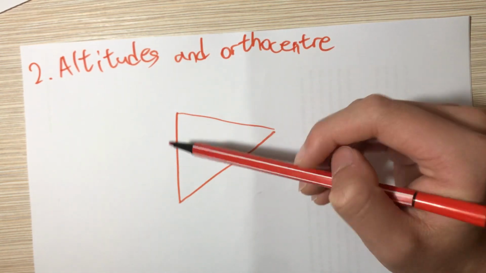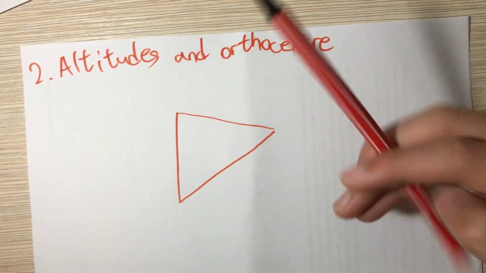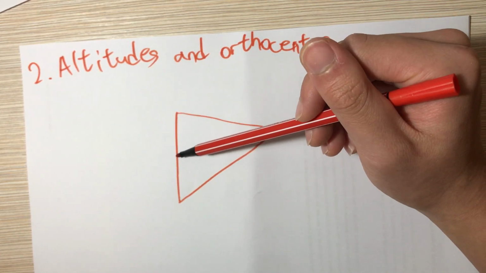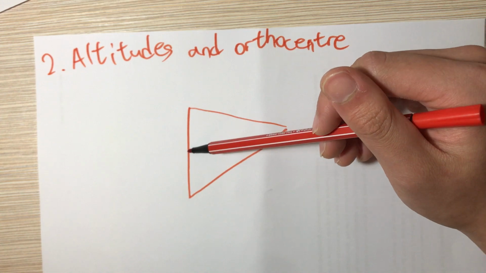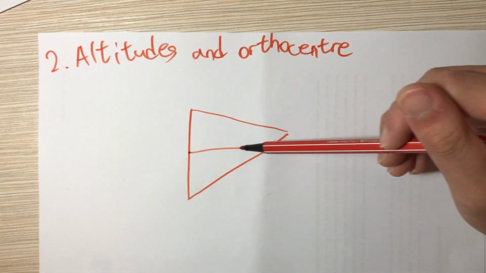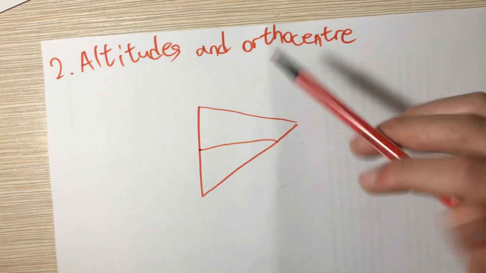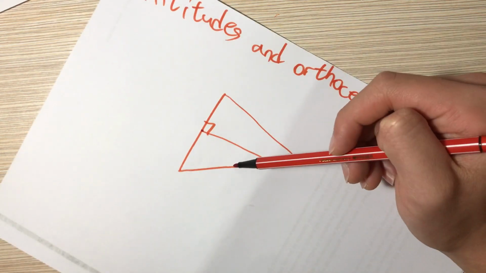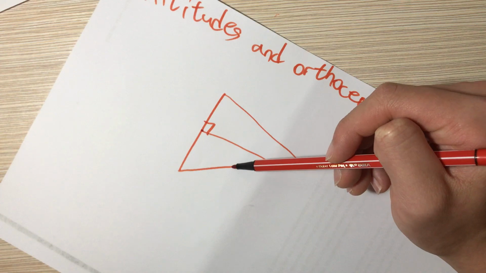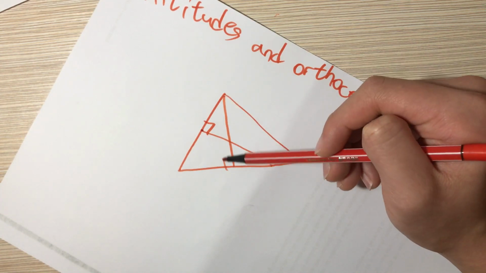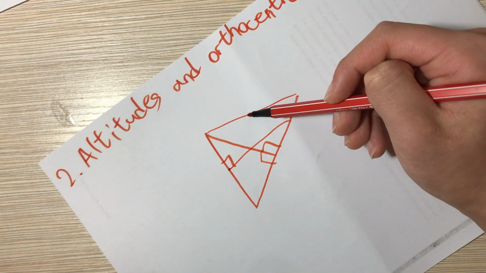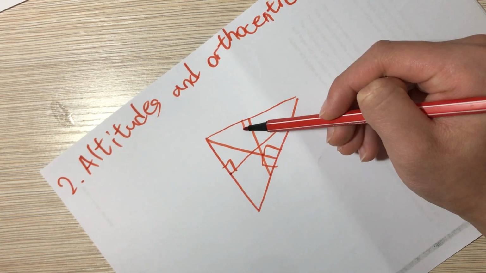perpendicular line, so it must be 90 degrees to its opposite side. Maybe here drawn to here. Okay, and this is perpendicular, and then here maybe drawn to here, and then the perpendicular line here.